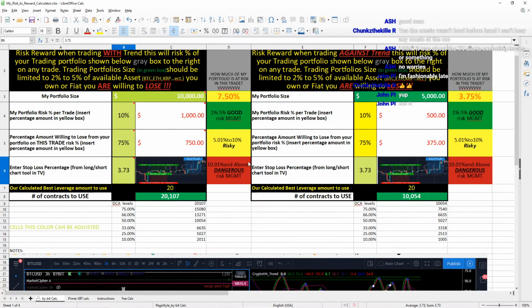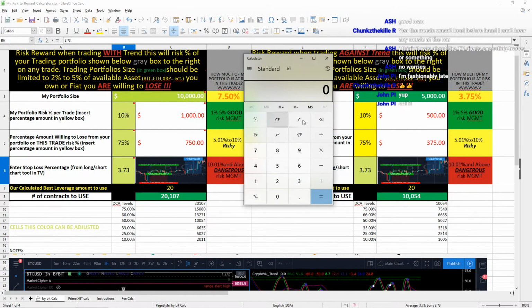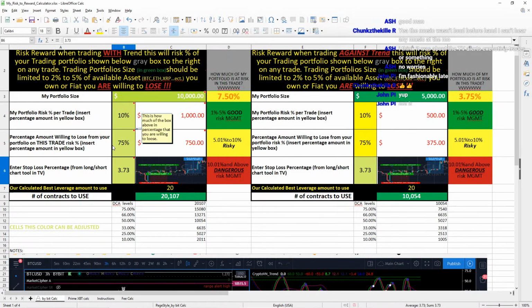You don't have to go by this. If you want to risk more, you can. It's just a general guideline to say, hey, how much of my portfolio am I risking? So you can see it in a number real quick. You don't have to sit there, pop up a calculator on your screen, try to figure it all out. So it automatically gives you whatever your leverage is and how many contracts for that amount of risk. And it's basically that simple.